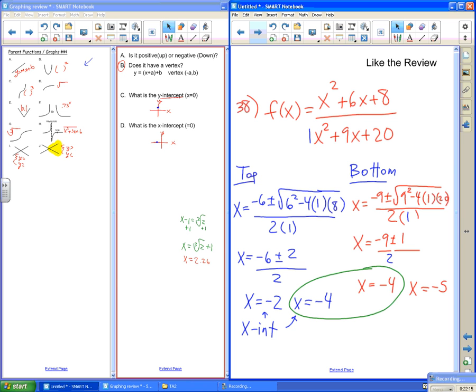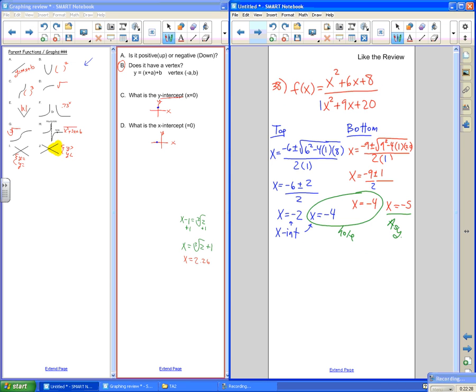That's a hole, sorry. This is a hole. And this right here is my asymptote. Okay. So the way that looks on a graph is that at x equals negative 2, I'm going to have a point, and it's going to hit.